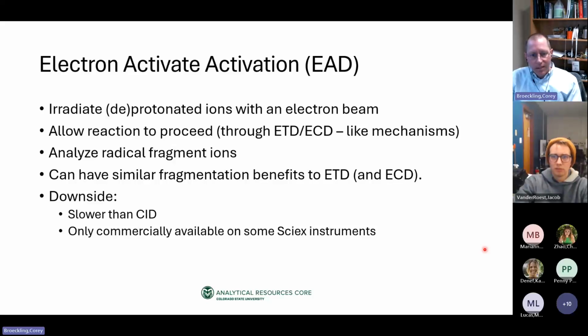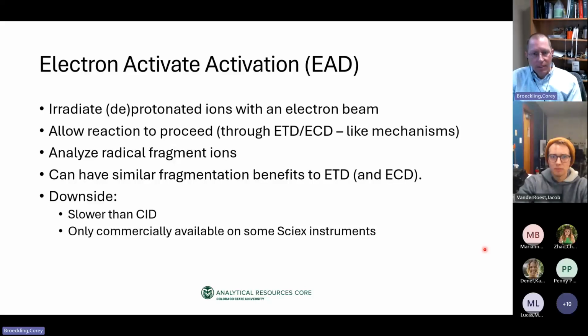Now, this is often a combination of what's called ETD, electron transfer dissociation, and ECD-like mechanisms, where ECD is electron capture dissociation. But basically, the premise here is that you are adding electrons to an ionized molecule already.